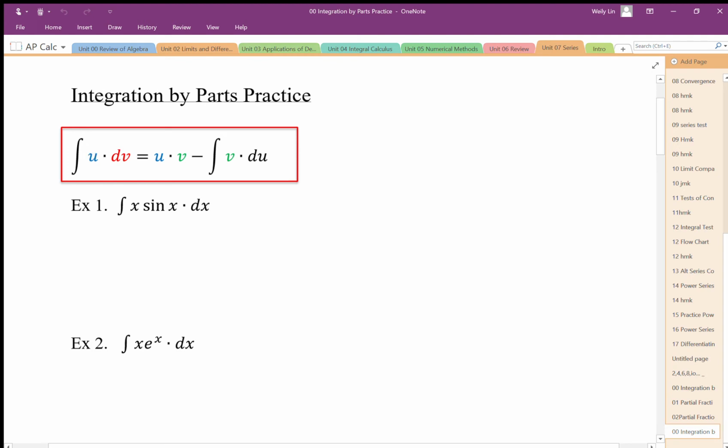The whole purpose of this is to generate an equivalent expression that has a different integral than what you started with. And hopefully that new integral is one that is easier to work on or anti-differentiate than what you started with. So that's the whole point of it.